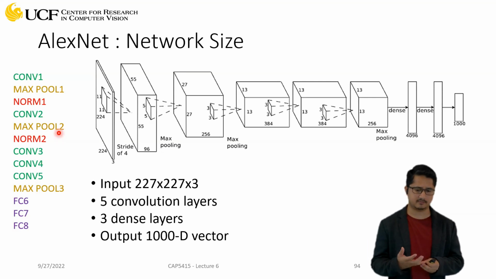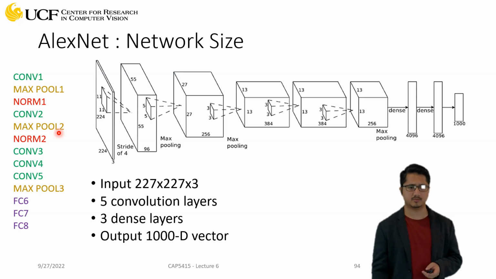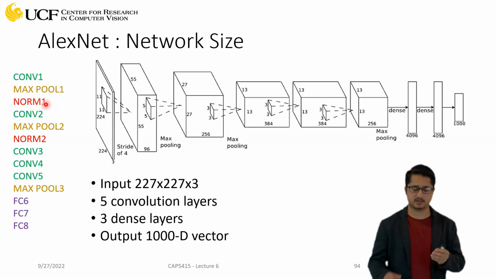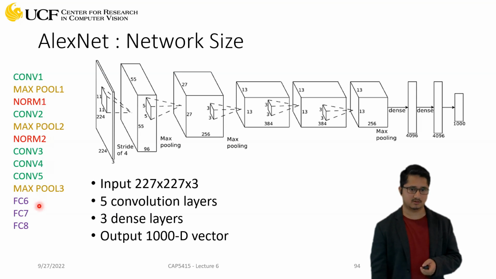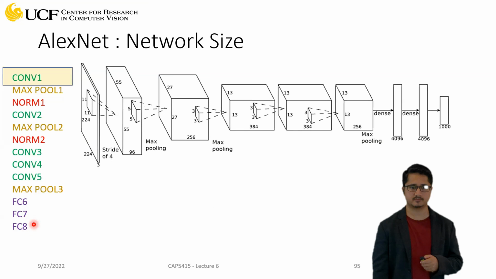These days we have batch normalization, which we'll cover in a later part of the lecture, or I think we have already covered this. So this norm layer is just trying to limit the values of the activations. All right. Then FC1 represents fully connected layers. You have 3 of those. Okay, so that's the nomenclature.